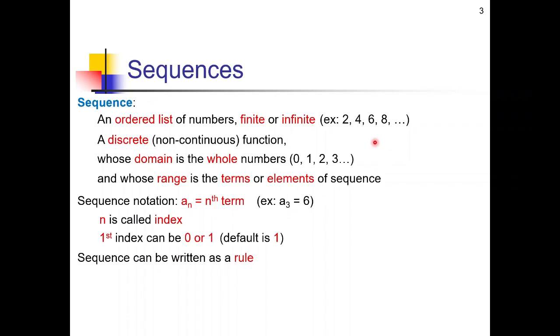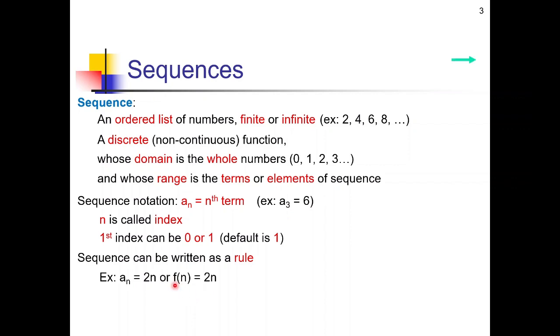So if I start with the indices, that's the plural of index, the indices 1, 2, 3, and 4, what do I have to do to 1, 2, 3, and 4 to get the terms 2, 4, 6, and 8? One way you can express this is by writing a sub n equals whatever your rule is. In this case, we have to double all of my indices to get the actual terms. This is one way of expressing a rule. You could also write it in traditional function notation.